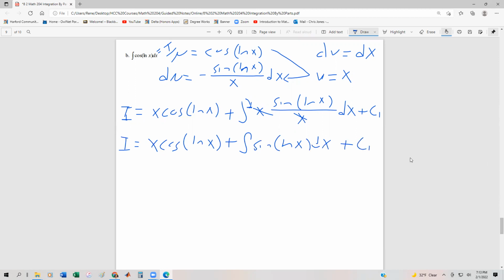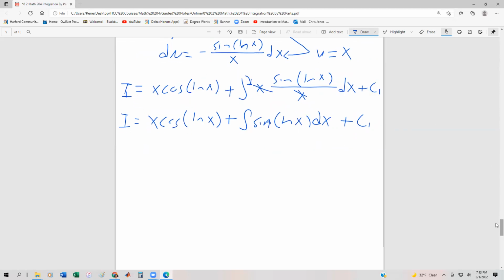This integral of sine ln x dx looks really close to the original, except instead of a cosine, we have a sine. So we're going to use the exact same technique to evaluate the remaining integral.